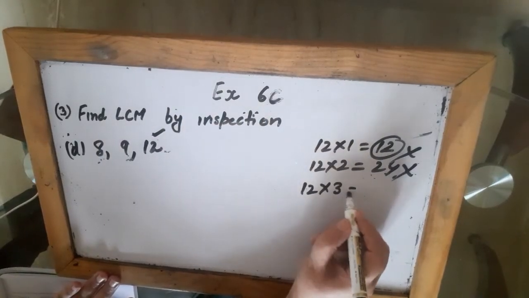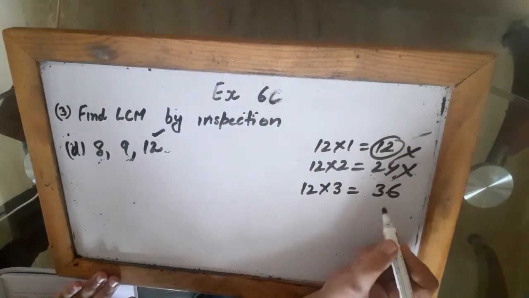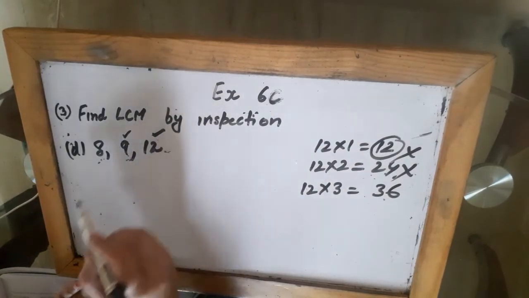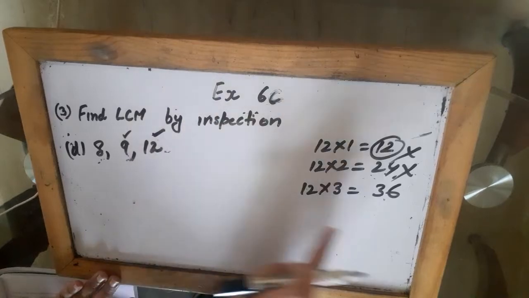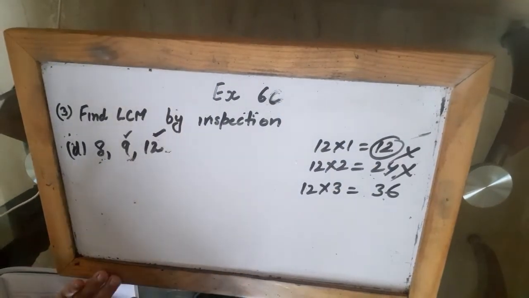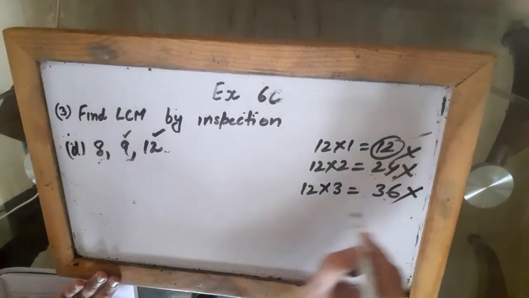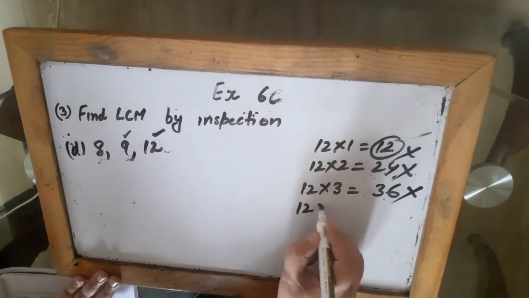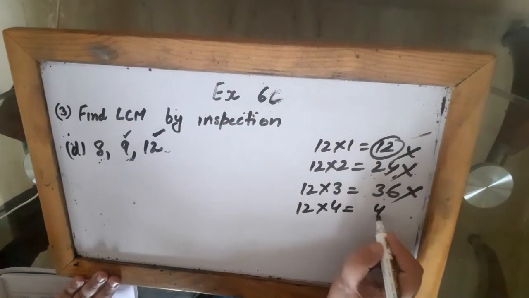Now 12 3s are 36. Now I see that this 36 is a multiple of 9. 9 4s are 36, but this 36 is not a multiple of 8. So it means this cannot be the LCM of all these three numbers. Now come to the next. 12 4s are 48.